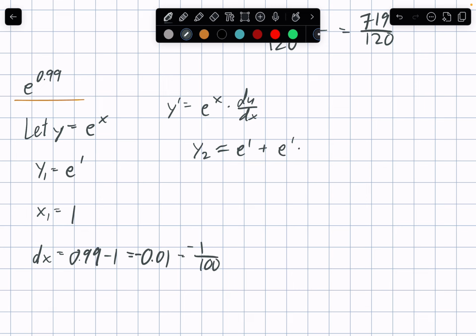E raised to 1 times, just e raised to 1. That's it. This is the final answer. My bad. Further simplify.